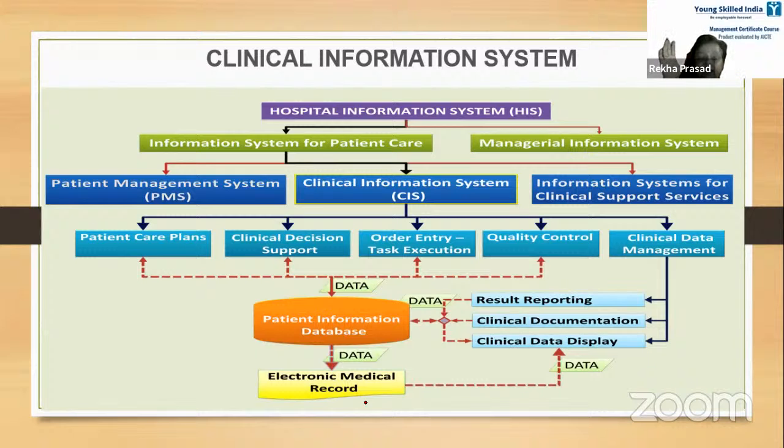Patient care plans क्या है उनके केयर का, clinical decision support क्या है, order entry task क्या क्या order हुआ है, क्या task execute हुआ है, quality control है कि नहीं है, clinical data management, all these things are in the clinical information system. इससे आपको पेशेंट इंफॉर्मेशन डेटाबेस बनता है जो फाइनली इलेक्ट्रॉनिक मेडिकल रिकॉर्ड के रूप में रखा जाता है. Result reporting, clinical documents, clinical data entry, all these data are generated through clinical information system.